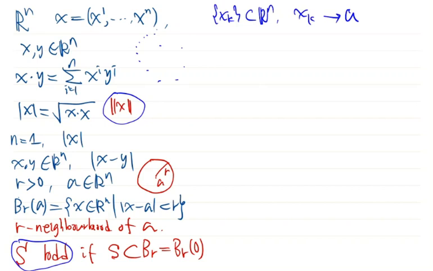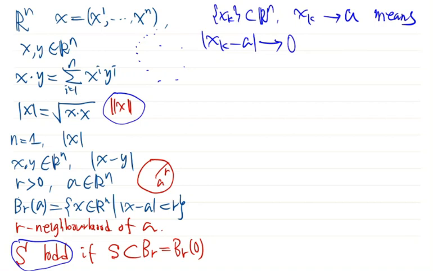So the distance from xk to A is a sequence of real numbers. If this sequence of real numbers converges to 0, we say xk converges to A. This is quite intuitive.